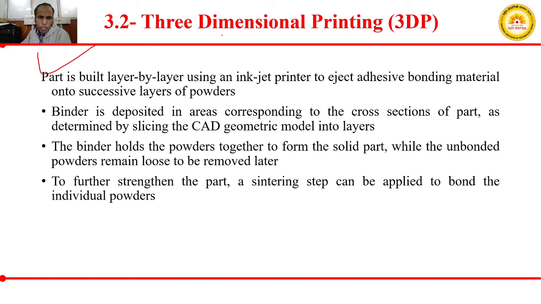Okay, so this process is also more or less similar to inkjet printers, in which we have a cartridge in the form of powder, like the inkjet printers, where we are using initial starting material in the form of powders.